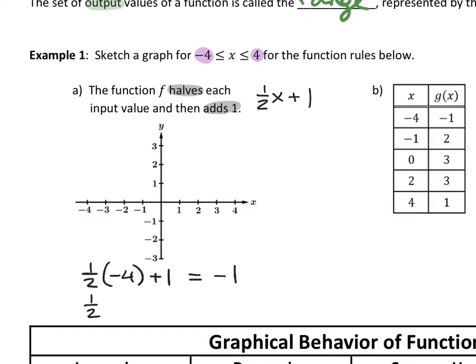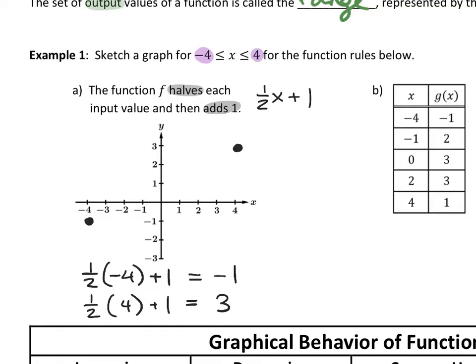And we would like to figure out what's happening at 4, the other endpoint for the domain, or the region that I care about. Half of 4 is 2, plus 1 is 3. So I have two coordinate points that I can plot: the point (-4, -1), where the input value was -4 and the output value was -1, and the other point (4, 3).